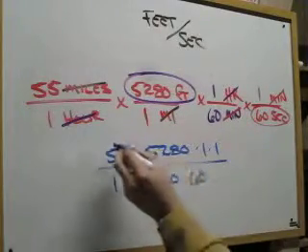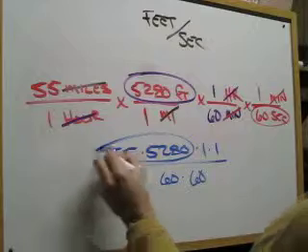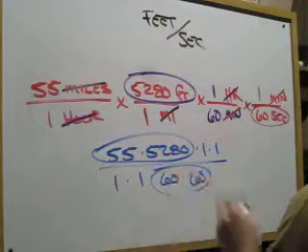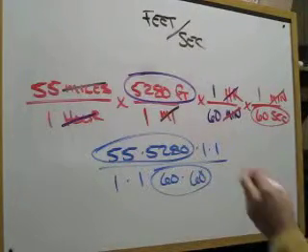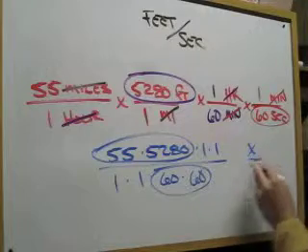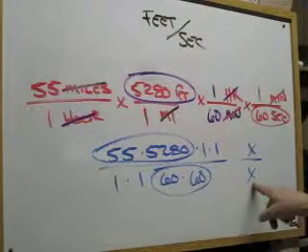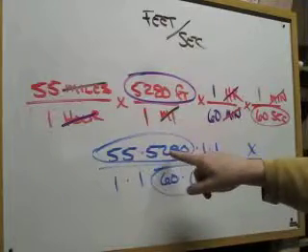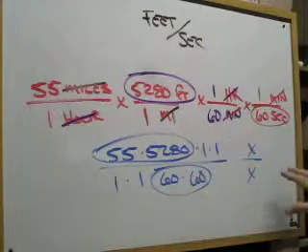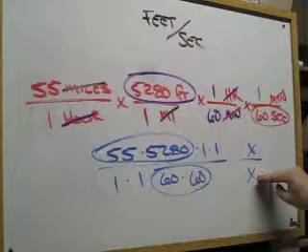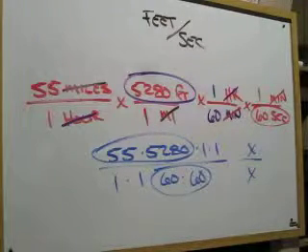So we're going to multiply these two, and we're going to multiply these two, and then we're going to divide this answer by this answer, whatever 60 times 60 is, which is 3,600. 55 times 5,280, I have no idea what that is, but that divided by 3,600 will give you your feet per second. So that's problem set 8.1.